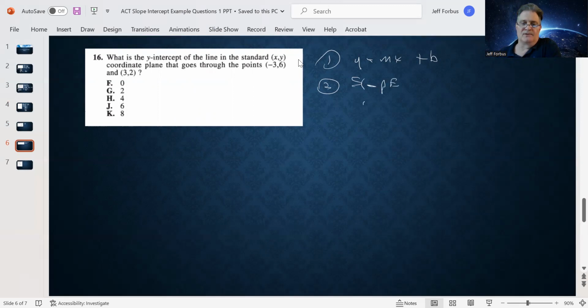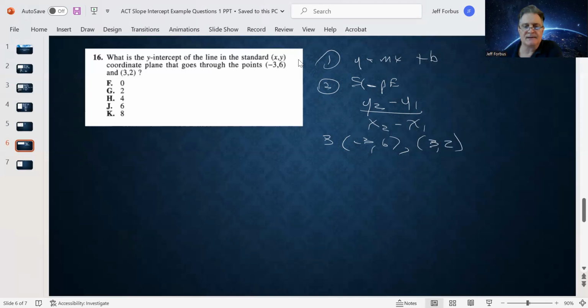And you know slope is just y2 minus y1 over x2 minus x1. So let's choose our points: (-3, 6) and (3, 2).